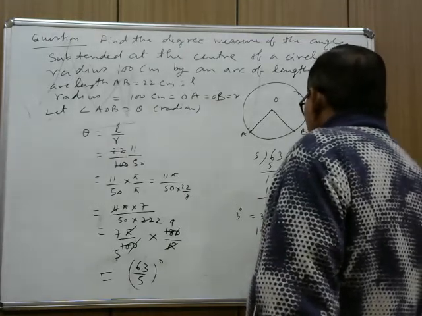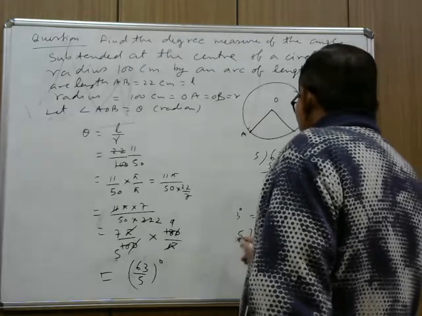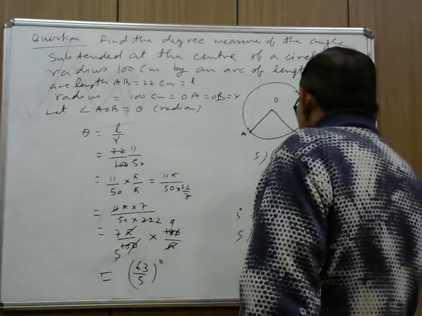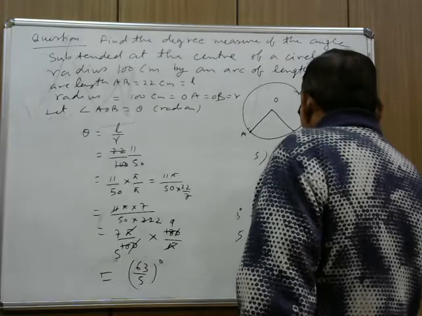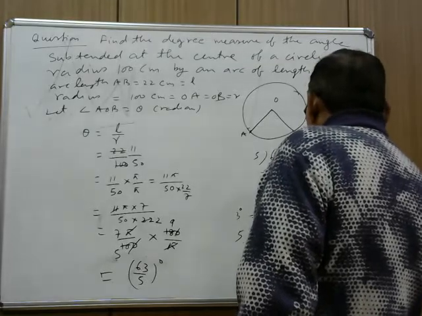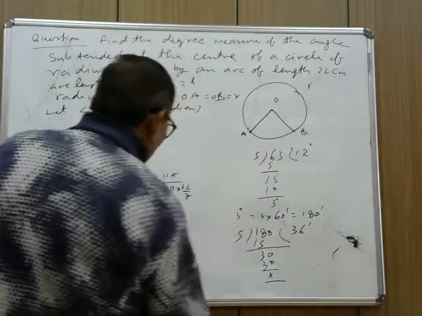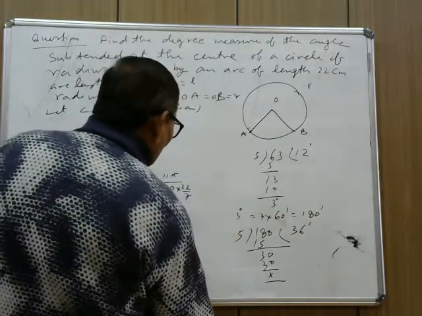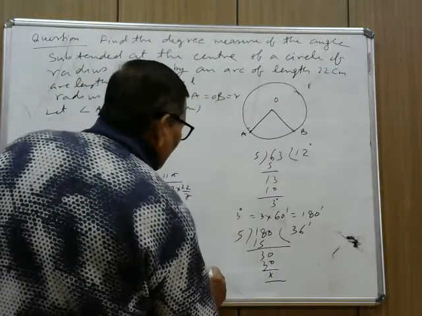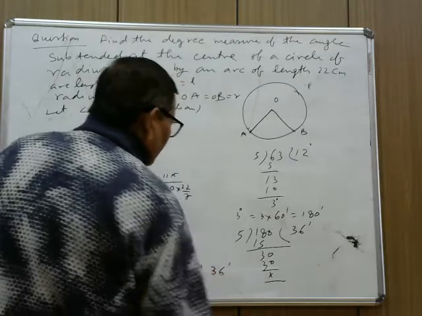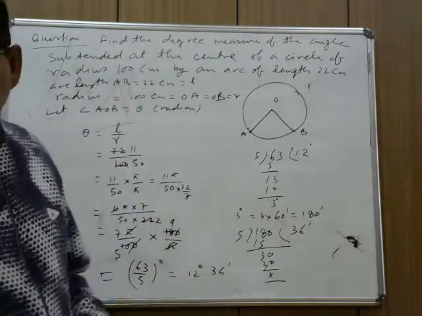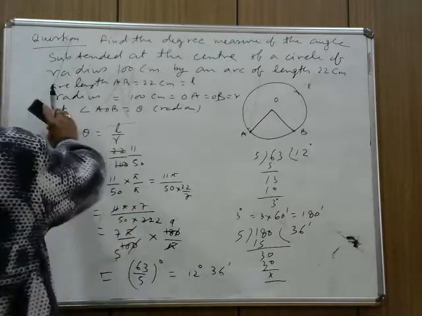You divide 180 minute by 5. 5 3s are 15, 3 0. 5 6s are 30. Remainder 0 minute. So in this way you can write 63 by 5 degree is equal to 12 degree and 36 minute. That is the answer of this question. Now next question.